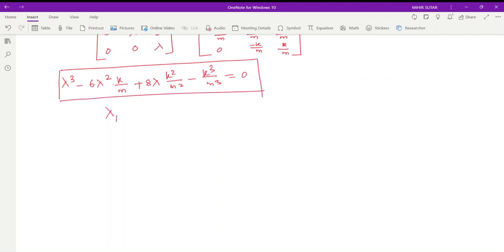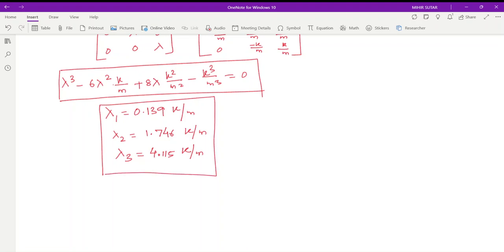So first lambda 1 will be 0.139 k by m, lambda 2 will be 1.746 k by m, then lambda 3 will be 4.115 k by m.